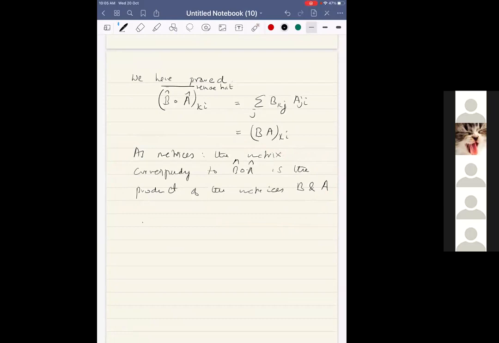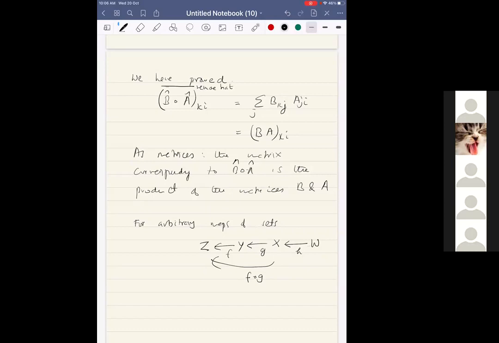So for arbitrary maps of sets, supposing I have a set X, a map G to Y, and another map F to Z, then if I look at this map, which is G composed with F, and then if I tag on an H from some W, then I can go from W to Z in two ways.